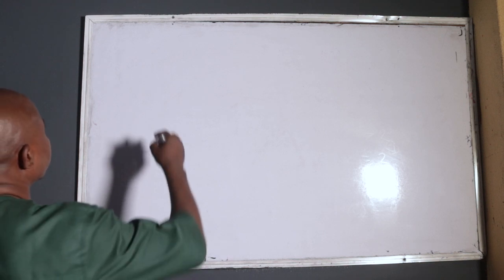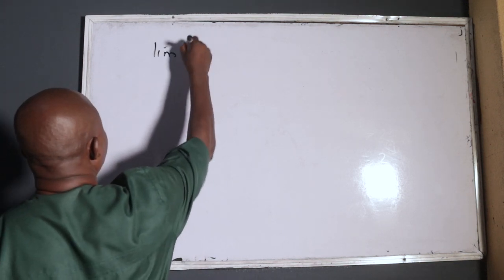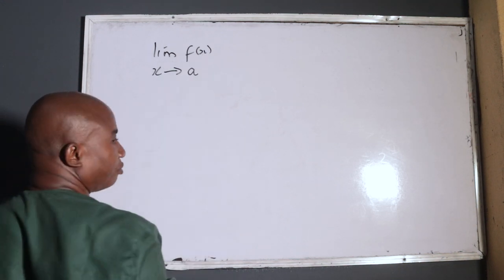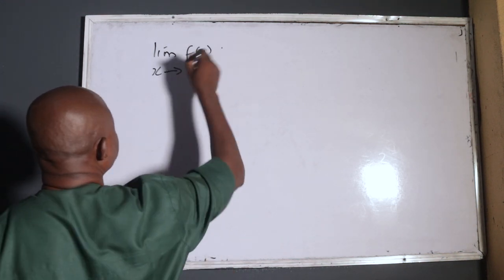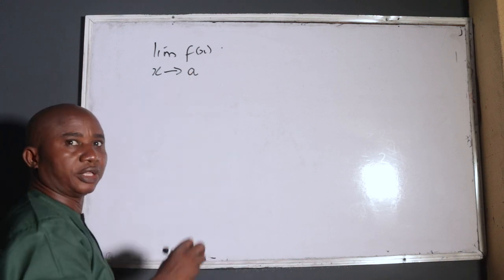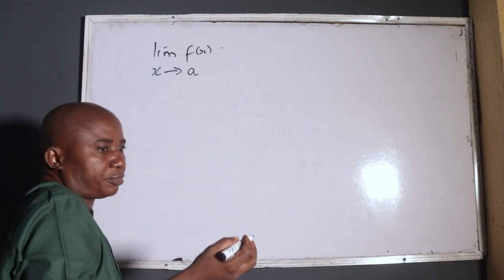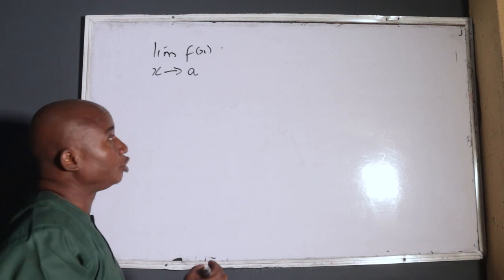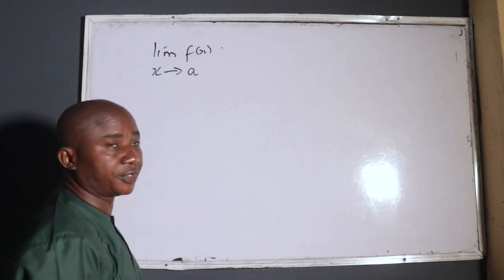All this while we've been talking about limits of f of x as x approaches a fixed number a. The question of interest now is, suppose a is not a fixed number, but is, say, positive infinity or negative infinity. Can we still compute the limit of such a function?